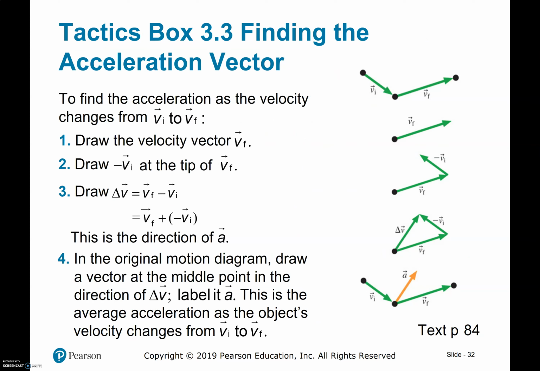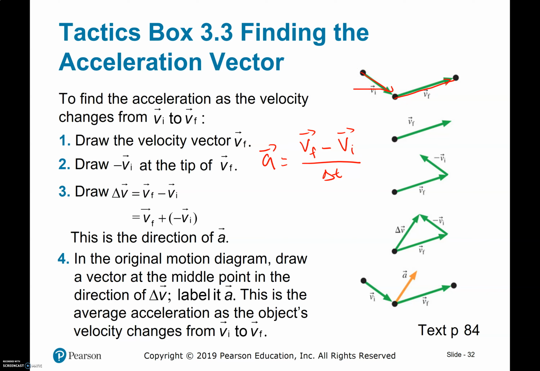Let's look at this graph here. We have an initial velocity, this vector here, and a final velocity. Then the acceleration vector is the final velocity vector minus the initial velocity vector, divided by delta t. So we need to calculate this subtraction at the top: this vector minus this vector.